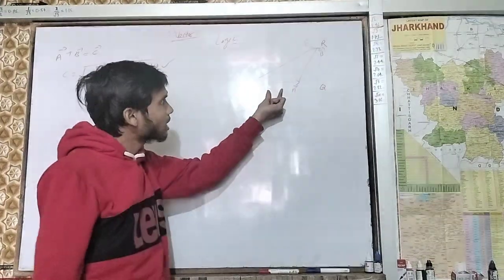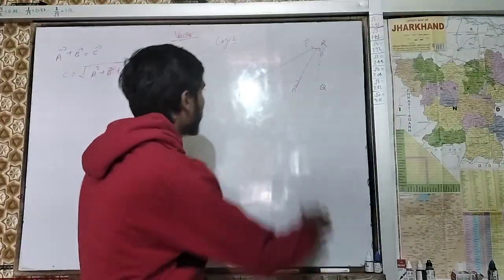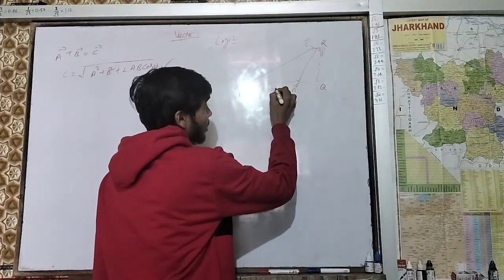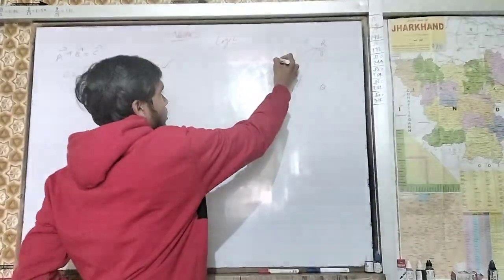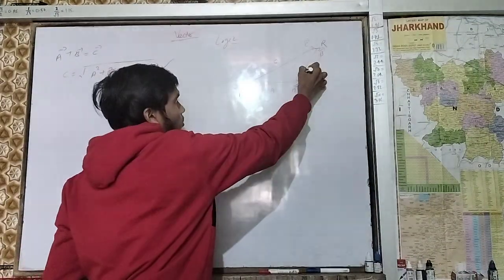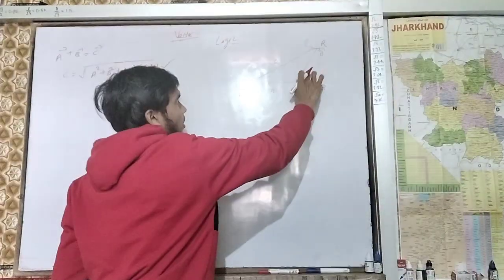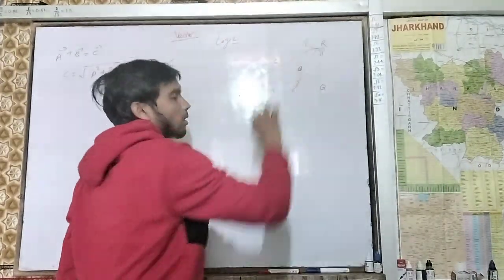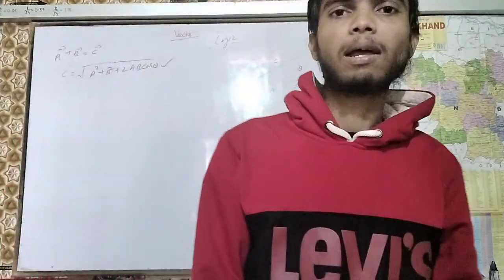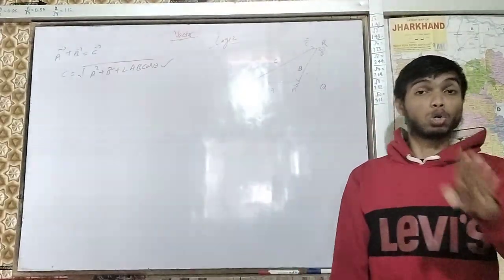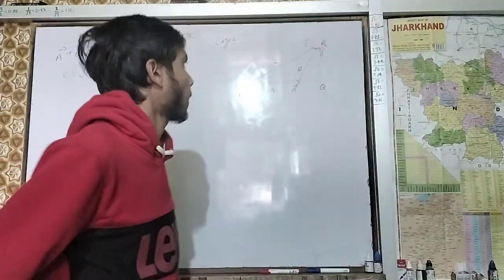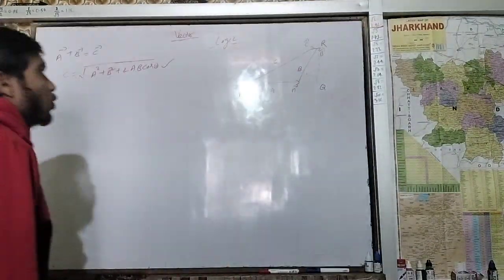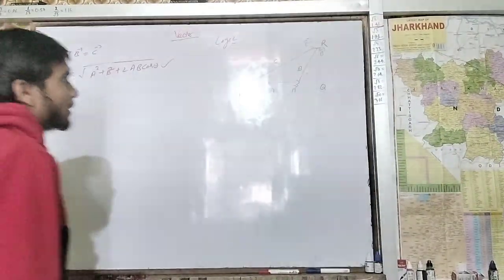Magnitude of vector A would be A, magnitude of vector C would be C, and magnitude of vector B would be B. Just remove the arrow symbol, you will get the magnitude.